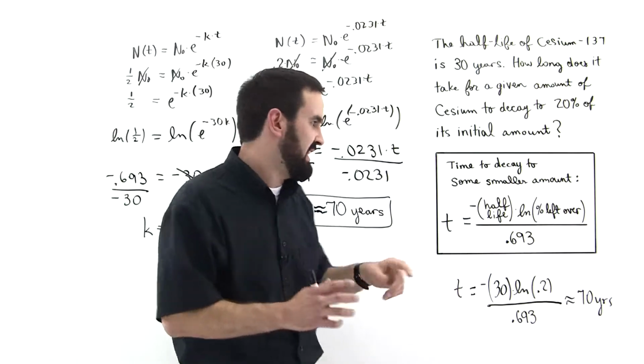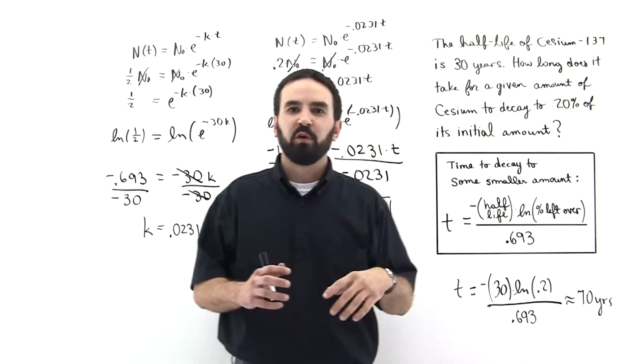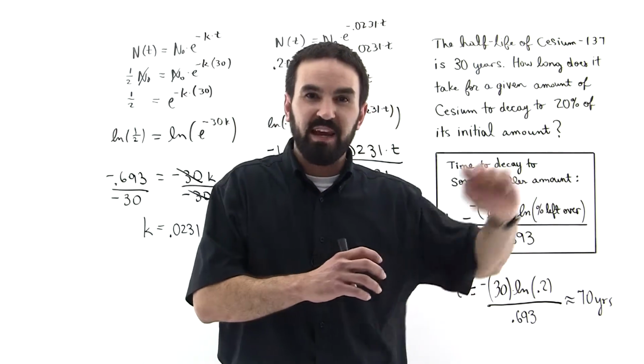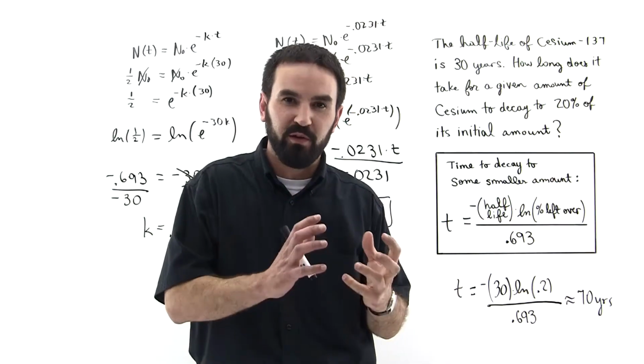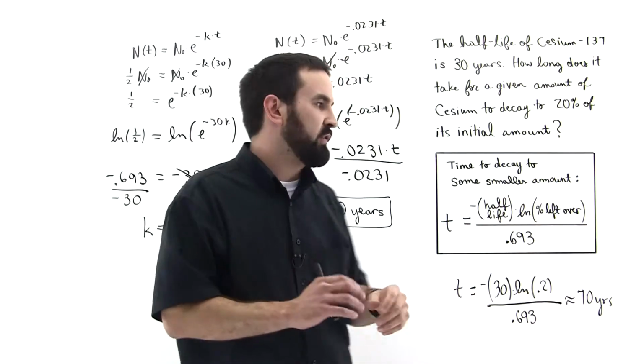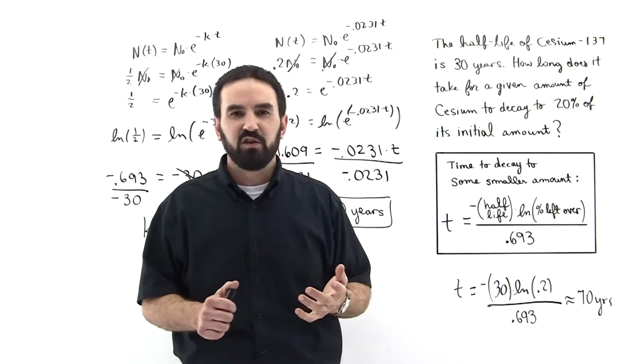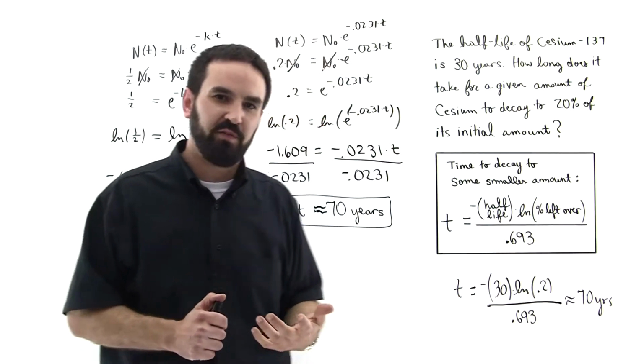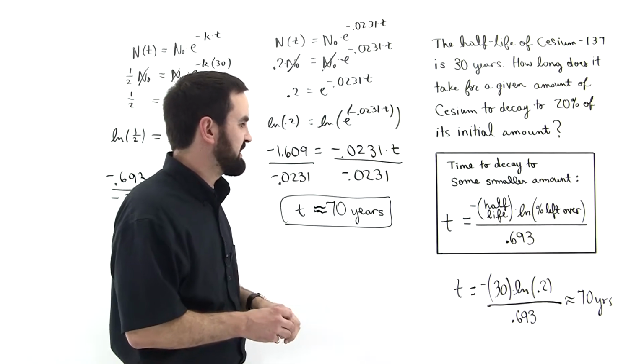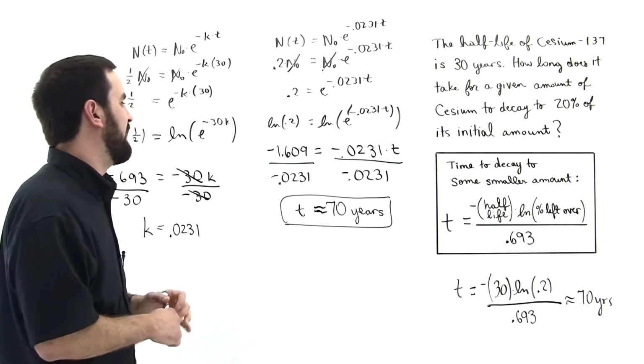You need the percent left over to go in here. So if it decayed by 80%, that means 80% went away. You're left with 20%. So this needs to be the amount left over, and you just have to look at the wording of the question for that.